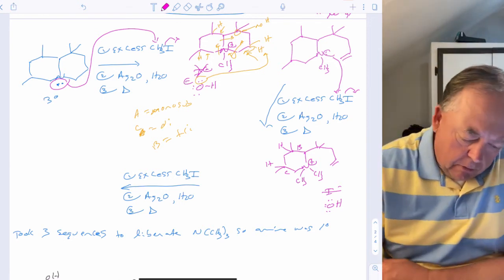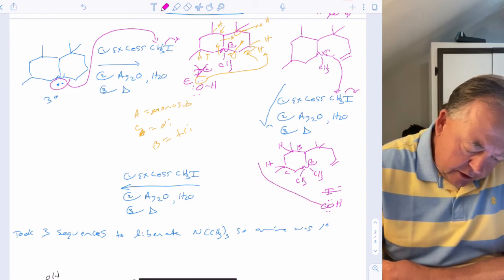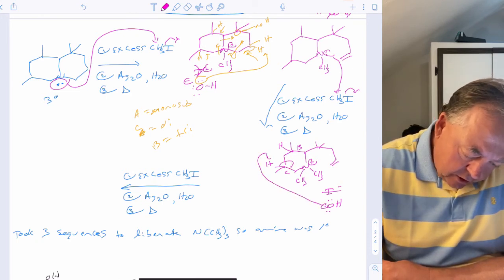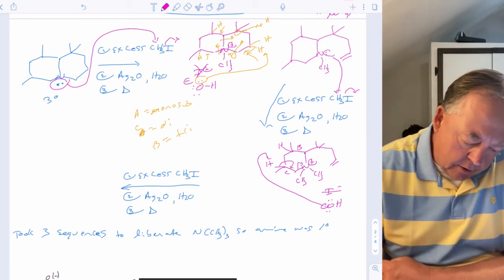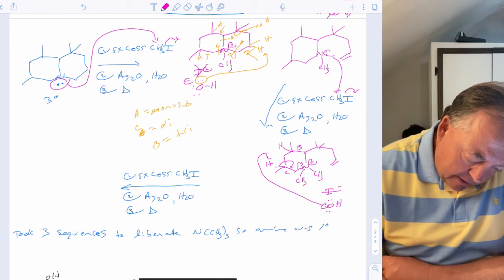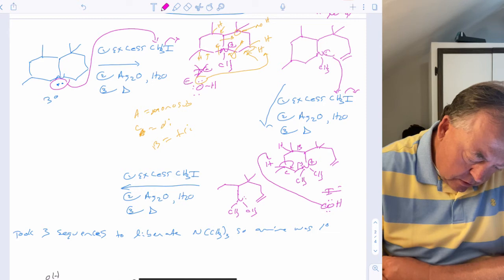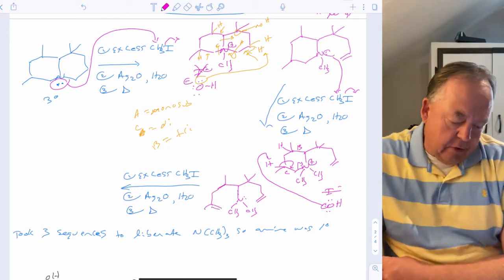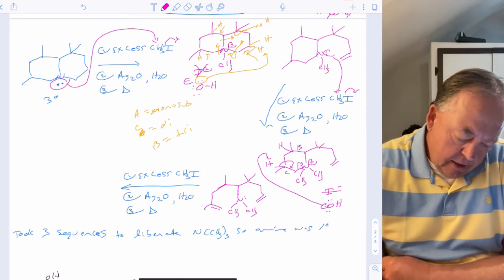And again, putting the double bond at C is less substituted than the B, so this is going to take that hydrogen. Those electrons are going to go here, and we're going to open that. And we're going to break that bond, that becomes a lone pair on nitrogen. So now we have that. So we went from a monosubstituted double bond, now we have a disubstituted double bond.